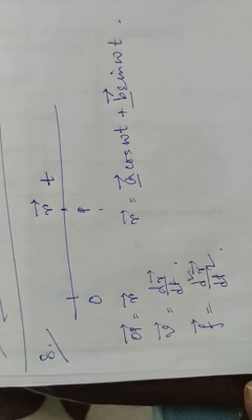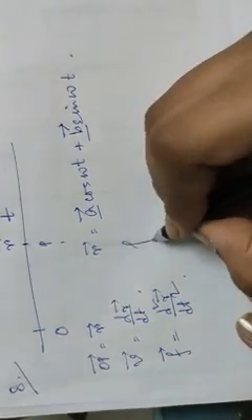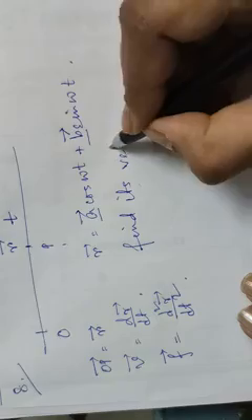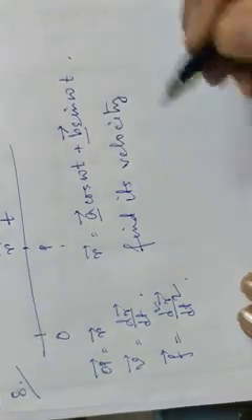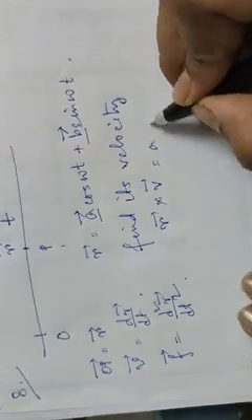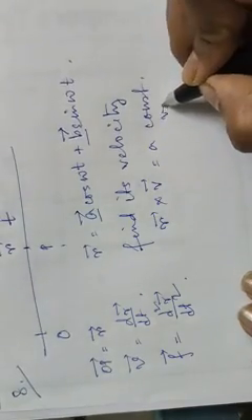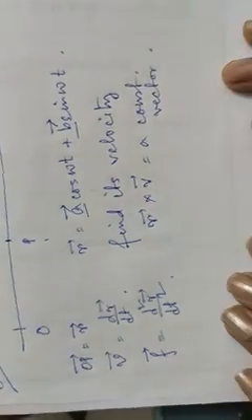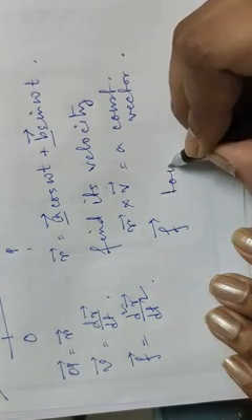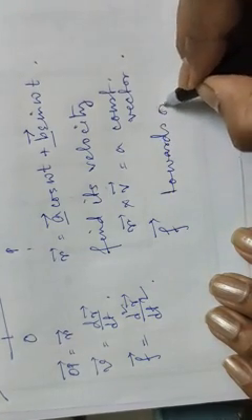Then find its velocity, and prove that r cross v is a constant vector and show that its acceleration is towards origin.